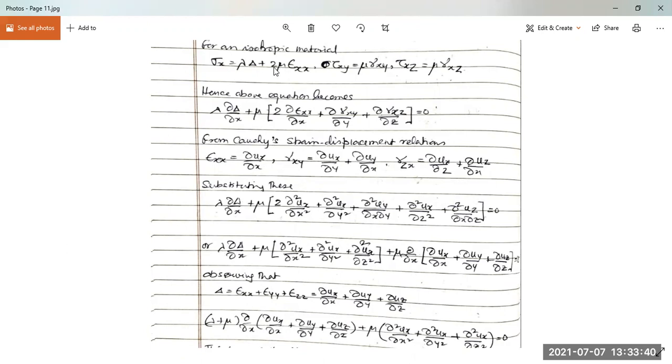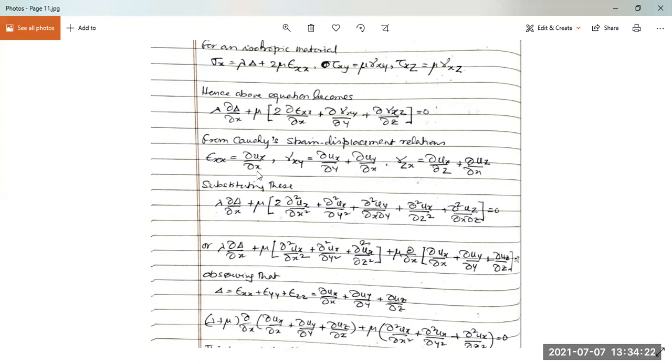Here μ is put outside the bracket, and 2 remains inside: μ[2 ∂ε_xx/∂x + ∂γ_yx/∂y + ∂γ_zx/∂z] itself. So if we substitute ε_xx equal to ∂u_x/∂x, γ_xy equal to ∂u_x/∂y plus ∂u_y/∂x, and similarly γ_zx equal to ∂u_x/∂z plus ∂u_z/∂x, where u_z, u_x and u_y are all displacement vectors along the z-axis, x-axis and y-axis itself.